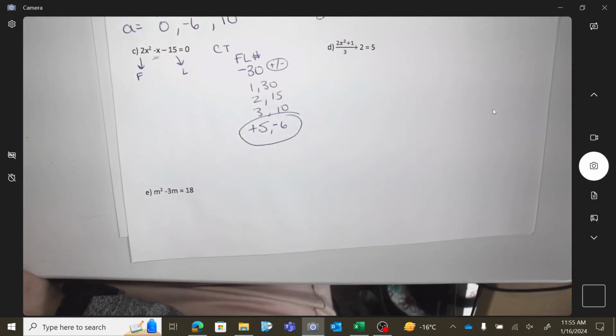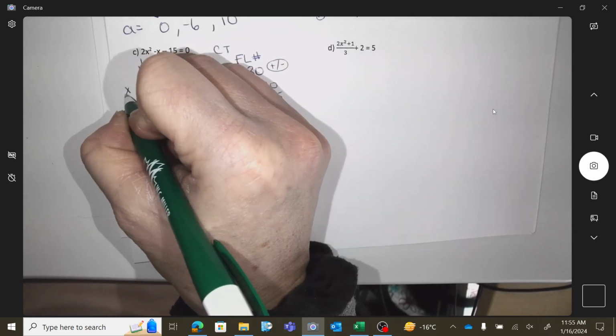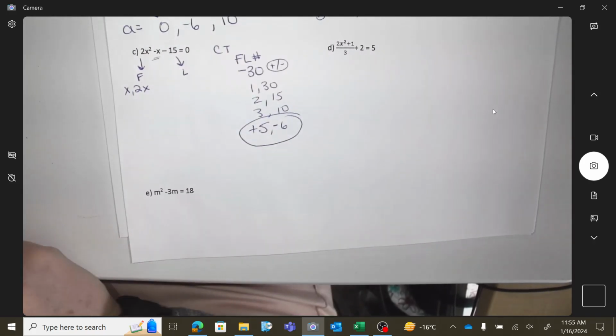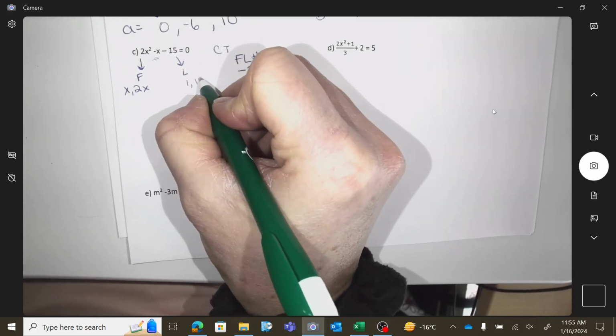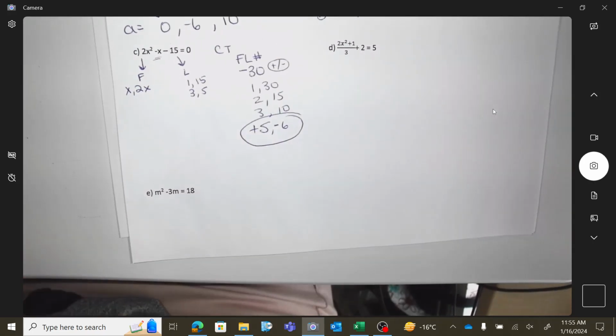Okay, now you go to the first. So I could do x and 2x. That's the only option to get that. Last, I could have put a 1 and 15 or a 3 and 5.